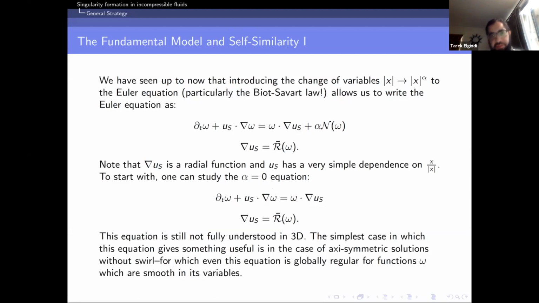You can play the same game in the angular variables. If you do it correctly, you can essentially annihilate this transport term. This is a pretty technical issue in how you actually establish what I'm saying, but that's the idea.